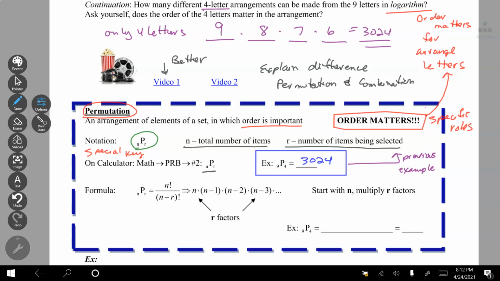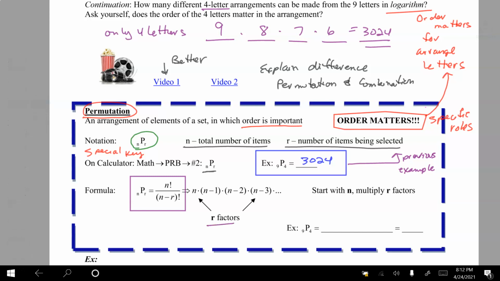So there is a special formula for nPr. You do not have to know the special formula because you have that special key on your calculator. You could always just use that special key. But actually it's n factorial over n minus r factorial, which means I start with n, I create r factors.